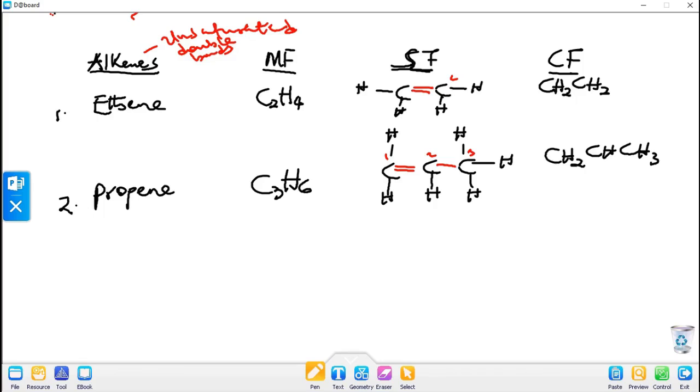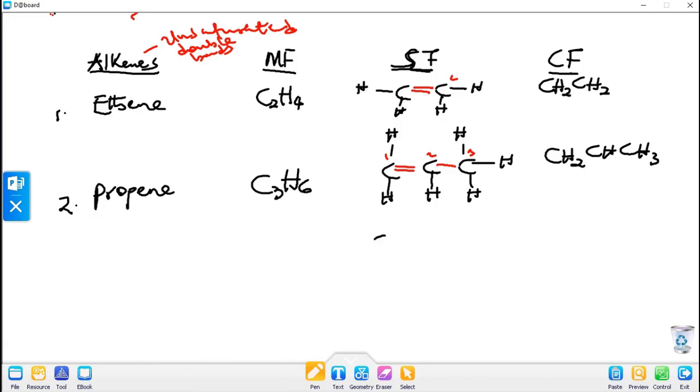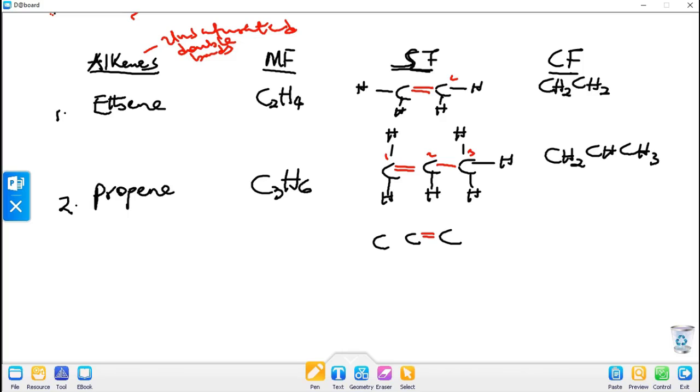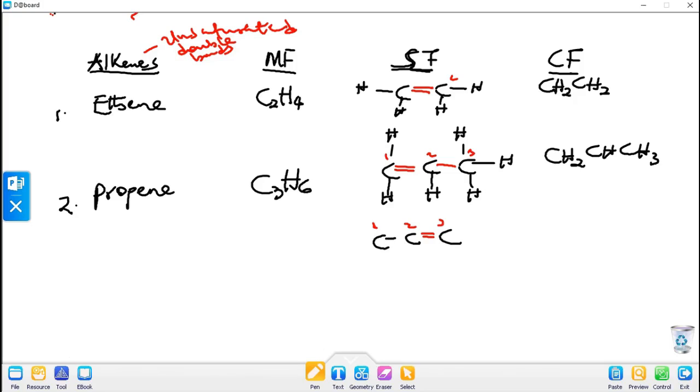Now, it is worthy to note that if I choose to place my double bond between carbon 2 and carbon 3, 1, 2, 3, then the reverse will be the case, as I'm going to have 1 single bond here.